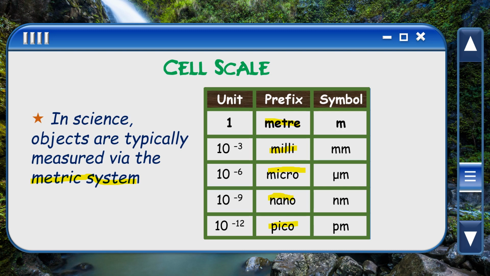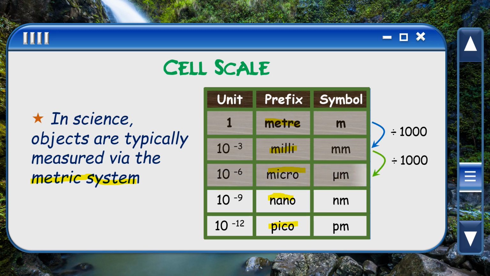When I'm moving from 1 meter and I divide by 1000, I get 10 to the power negative 3, which is a millimeter. When I divide a millimeter by 1000, I get a micrometer, which is 10 to the power negative 6.